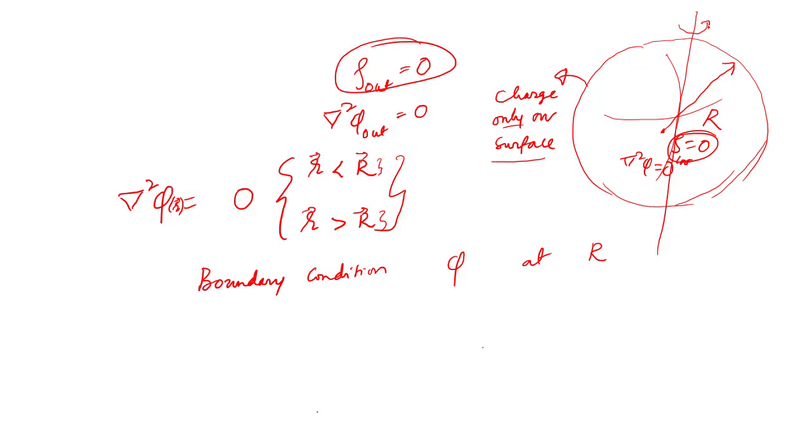So the solution phi should have that radial symmetry. So we can say that this phi is entirely just made of r, no theta or phi components because of the spherical symmetry. So we need to consider only the radial part of the Laplacian.